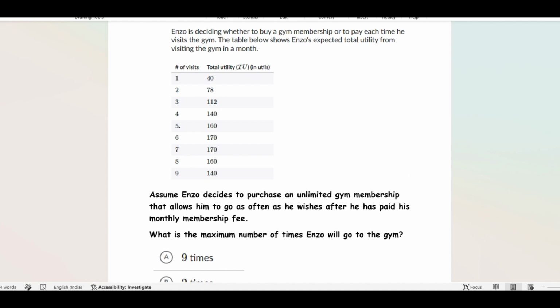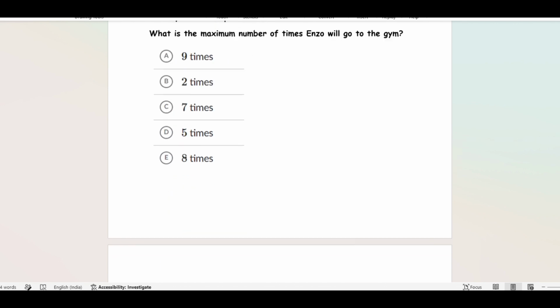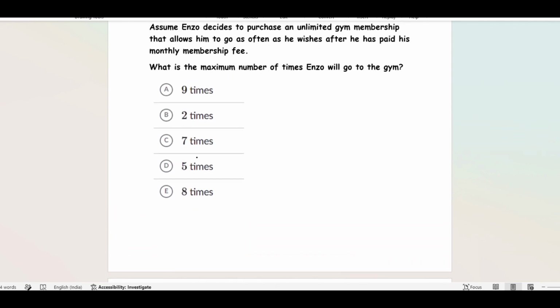And that turns out to be 0 over here. 170 minus 170. So that gives you 0 as the marginal utility for 7 visits. So basically, he would go 7 times. So that's option C that you have to mark.